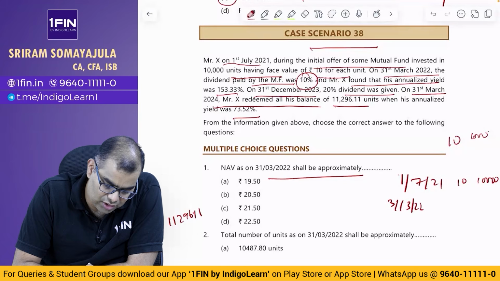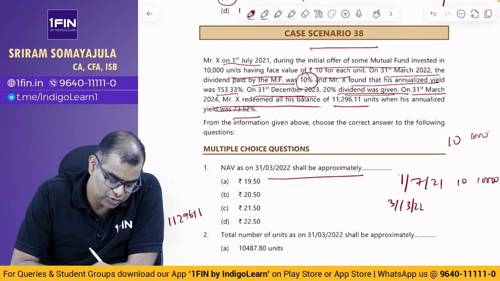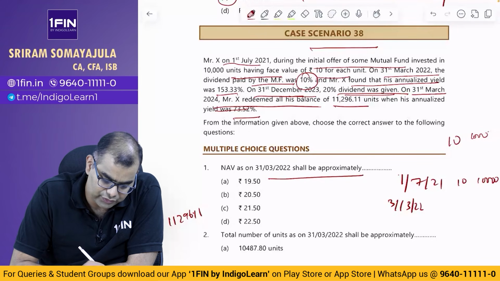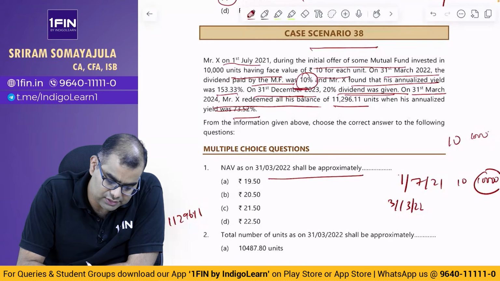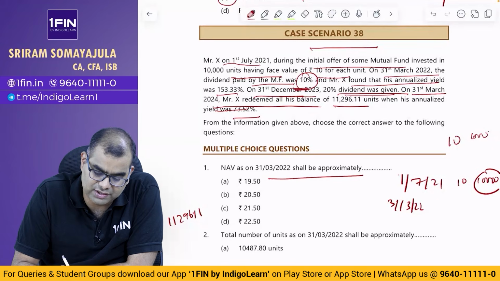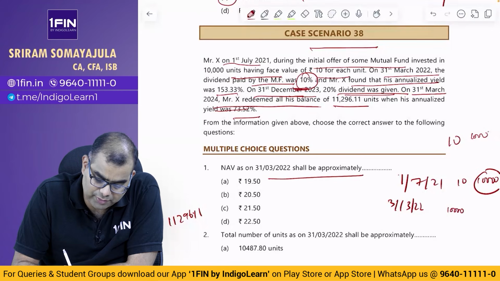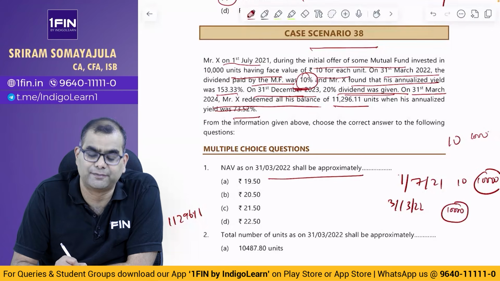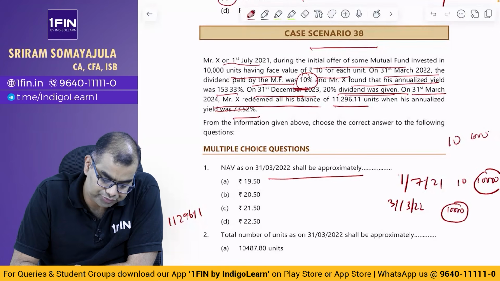Okay. Now, on 31st December 23, 20% dividend was given. On 31st March 24, he redeemed all units. So, you have initially 10,000. Now, dividend paid was 10% in 31st March 22. So, you basically got 10% of this 1 lakh, which is 10,000 rupees. Now, this 10,000 rupees was reinvested as new shares, okay, as new units.